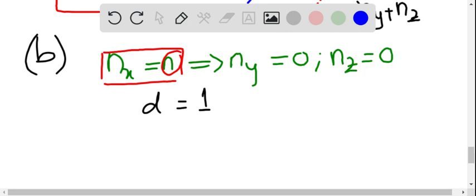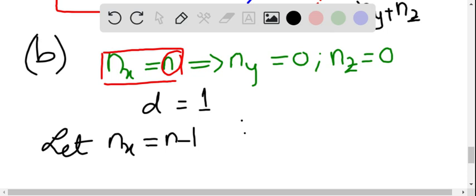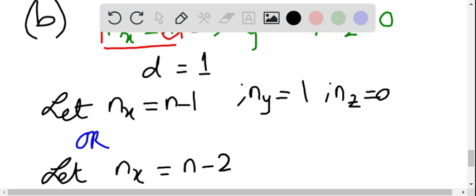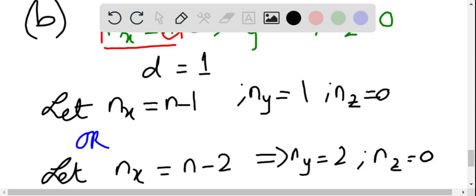So in this, we are going to let nx be equal to n minus 1. So it means that ny is equal to 1 and nz is equal to 0. So consider this case, or consider another case where we let nx be equal to n minus 2. So in this case, ny is equal to 2 and nz is still equal to 0, right?